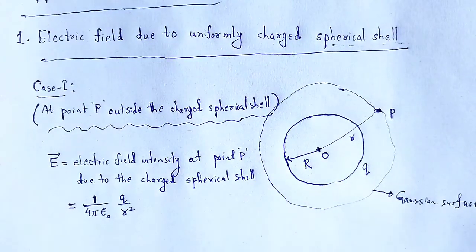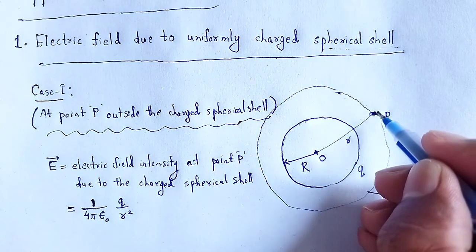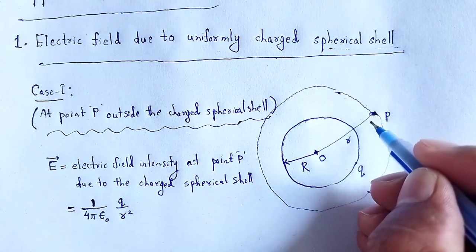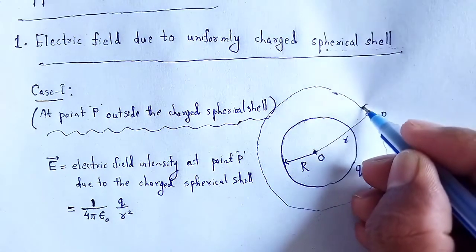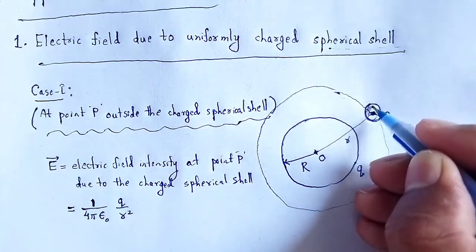Now we consider a small area element ds on the Gaussian surface.